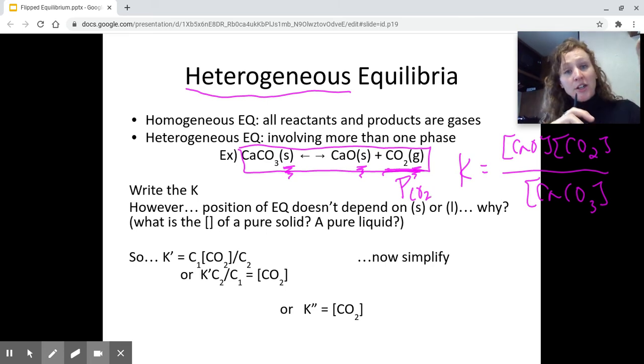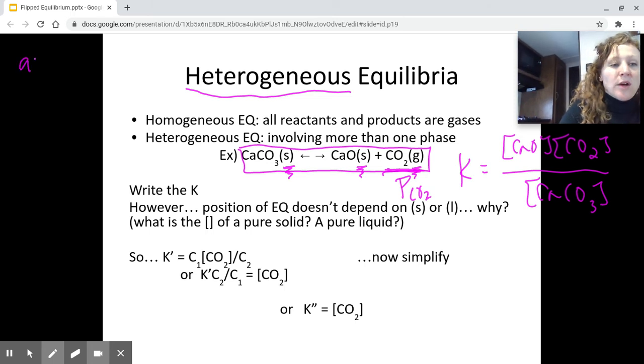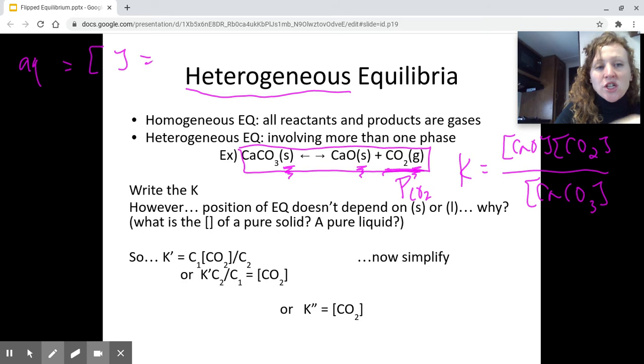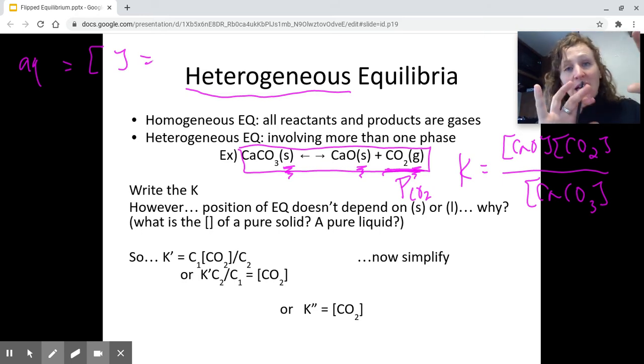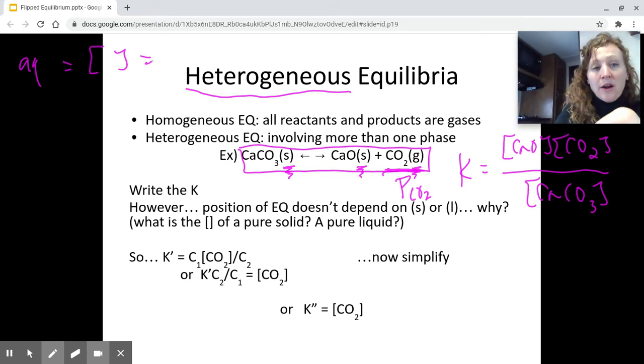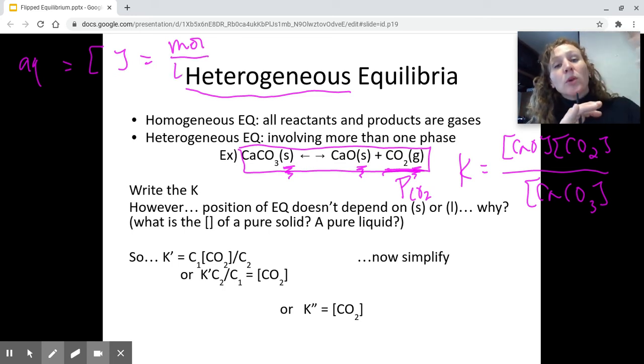It's a part out of a whole. Okay, we can do the same thing for aqueous solutions. If we're talking about aqueous solutions, we can talk about concentration. Concentration is a part out of a whole. The part is the moles, the whole is the liters, right? How many moles in these liters total? We can talk about the part out of the whole.